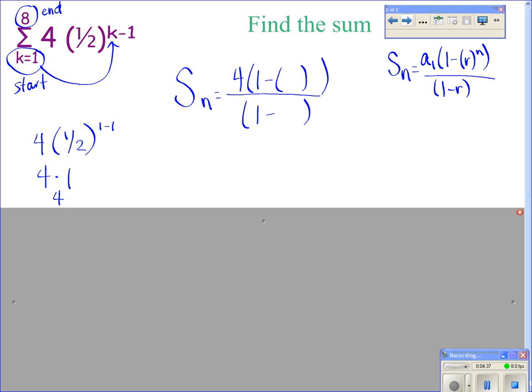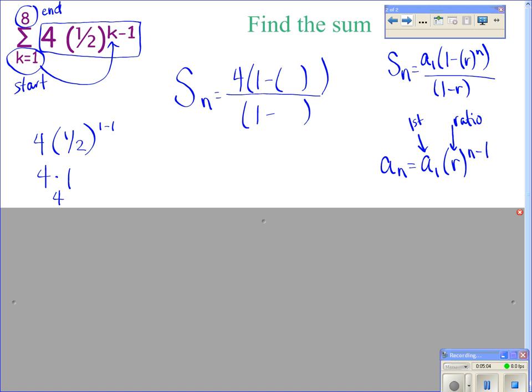Now with sigma, when it's written this way, notice that this formula right here is the formula that we learned yesterday. So yesterday, this was our formula right here. We had a1 times ratio to the n minus 1. What were these two items here? What is this? First term, and what is this? The ratio.